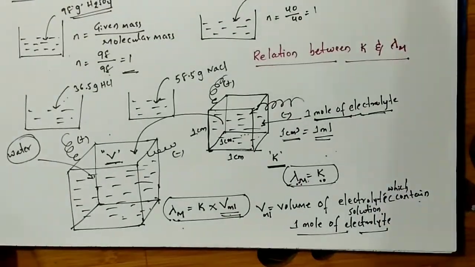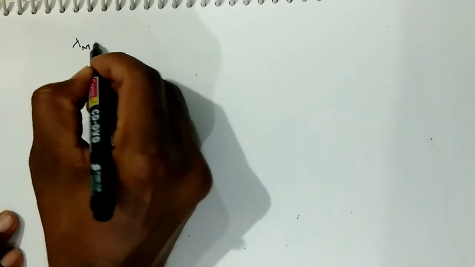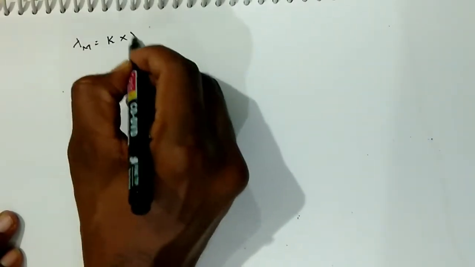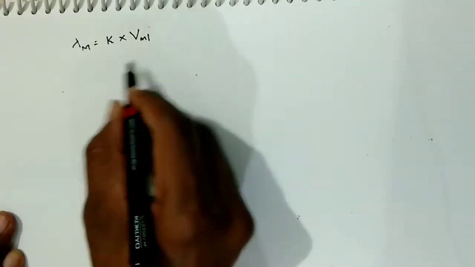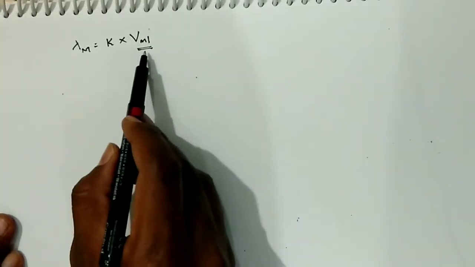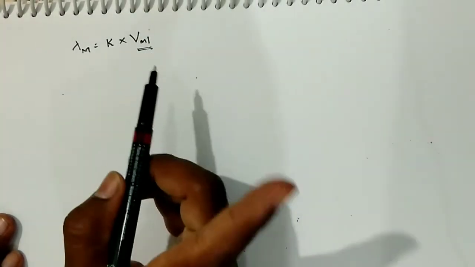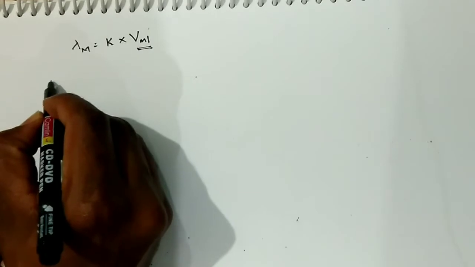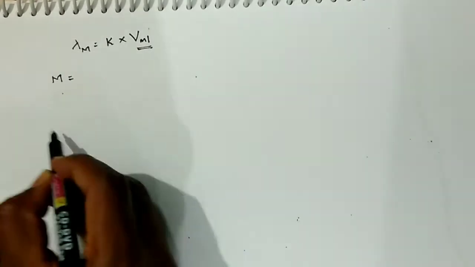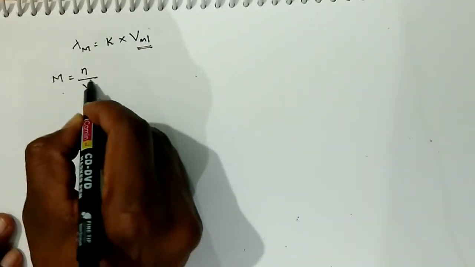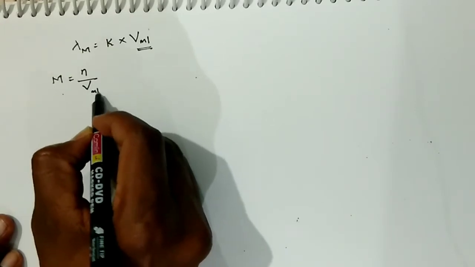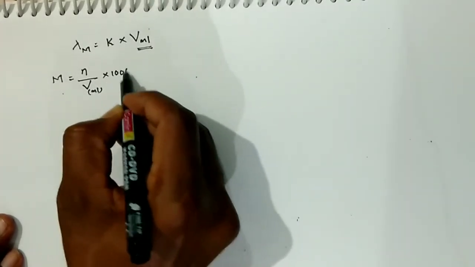Molar conductance equals specific conductance into V in mL. This volume V has how many moles of electrolyte? Only 1 mole of electrolyte. So from concentration terms, molarity equals number of moles by volume of solution in mL into 1000.